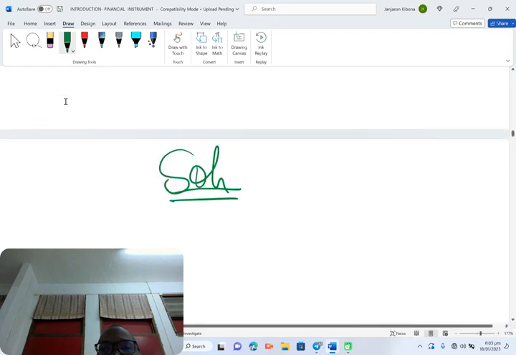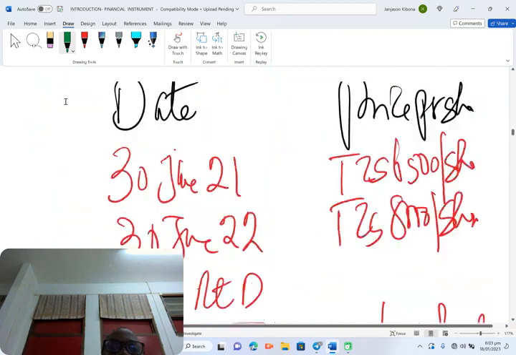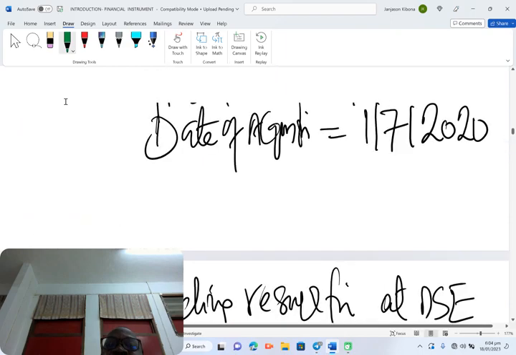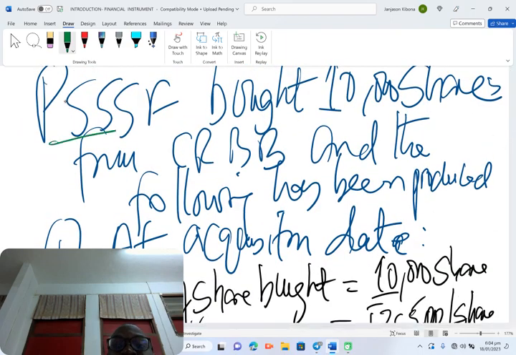In this problem, it must specify here that PSSF bought 20,000 shares from CRDB for trading, so that we classify it for trading.